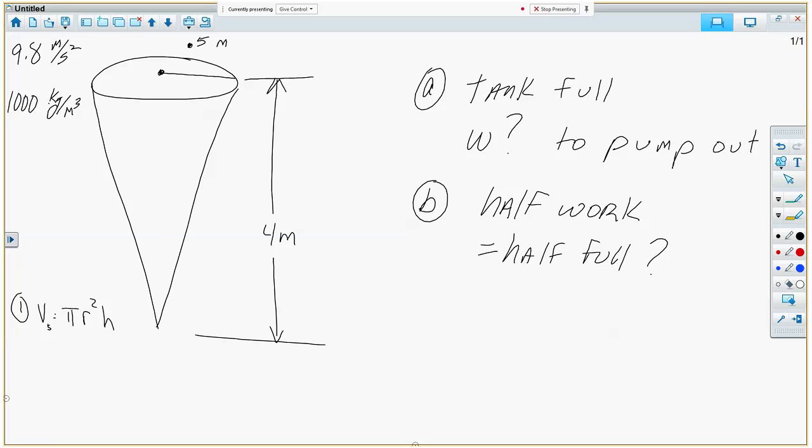And we'll go down here and we'll set up 0.5 is to 4 as r is to h. And that's going to be 0.5 is to r as 4 is to h.